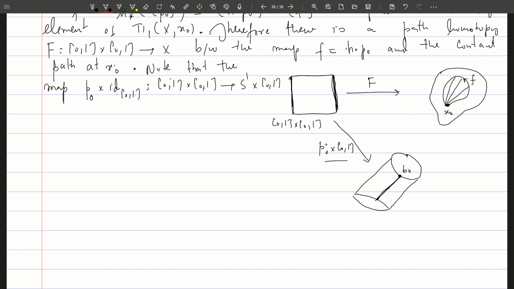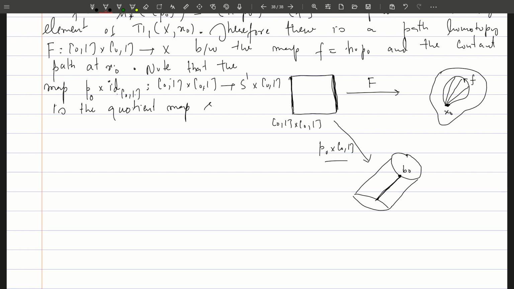So these two lines are mapped to this line on the cylinder. So this map is the quotient map. Now why is this map the quotient map? Because p naught is closed, continuous, and surjective. Similarly, this id map is closed, continuous, and surjective.